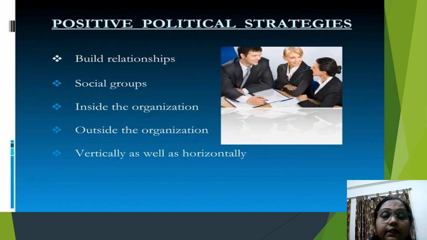Here you can see that there are some positive political strategies which, if implemented in the organization, make the relation between politics and power a healthy one. Competition, some kind of politics, and the utilization of power are always inside the organization. They are required to manage the day-to-day functioning of an organization.